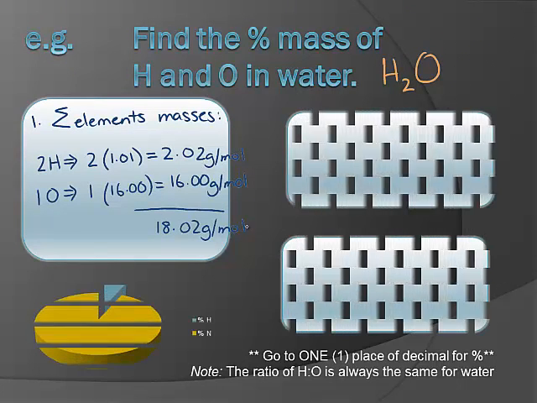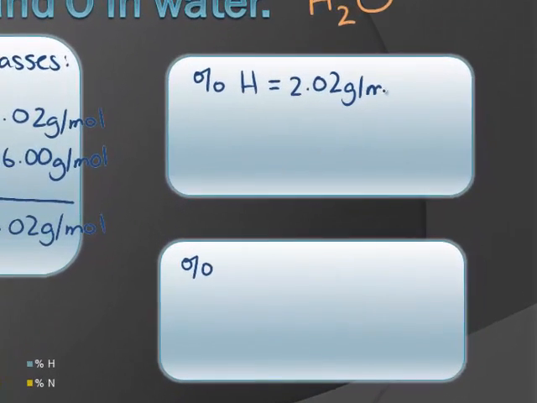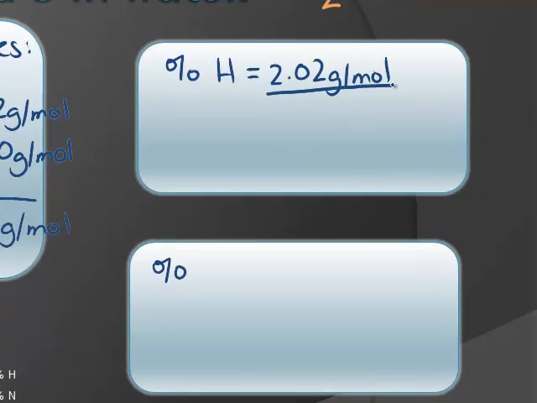Step number 2 is that we have to consider how much of the mass each particular element contributed to the entire compound. So when we look at the percentage of hydrogen and the percent of the oxygen, remember it's just the part of the whole. So the part of the mass that came from hydrogen was 2.02 grams per mole, and that's of 2.02 grams of the entire 18.02.